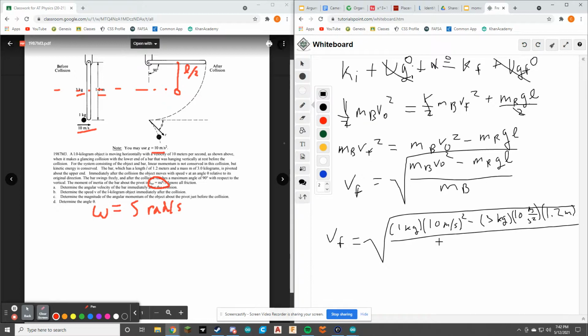Divide everything by the mass of the ball, 1 kilogram. Plugging everything into the calculator, 1 times 10 squared, 3 times 10, we get that after the collision, the ball's velocity will be 8 meters per second. And again, I will note that here.